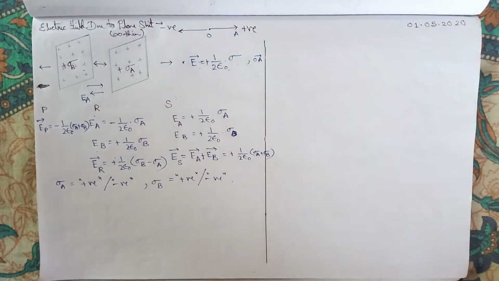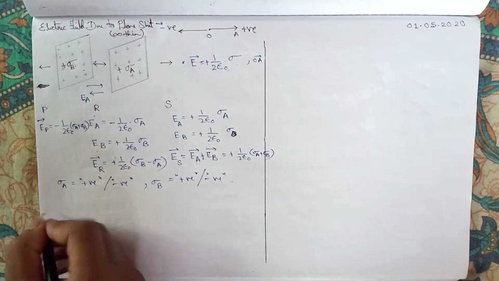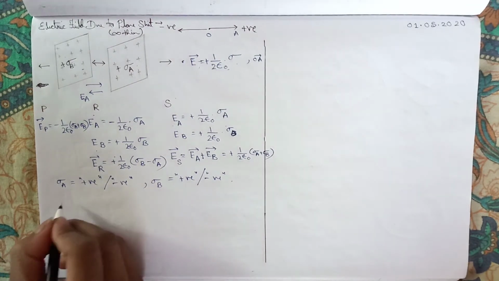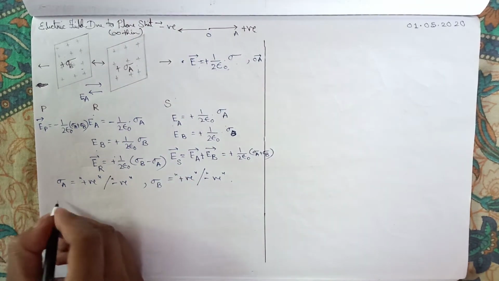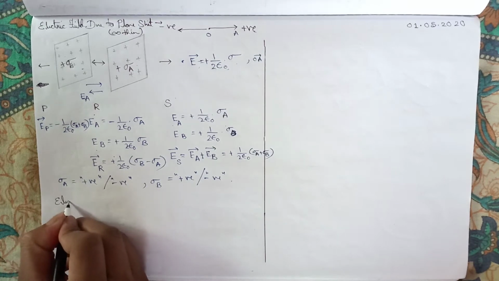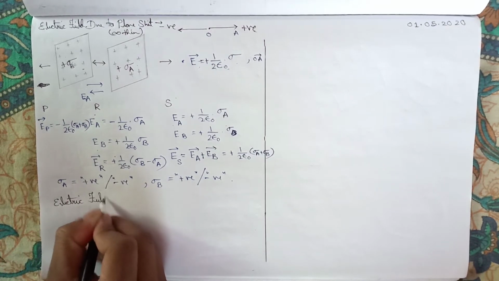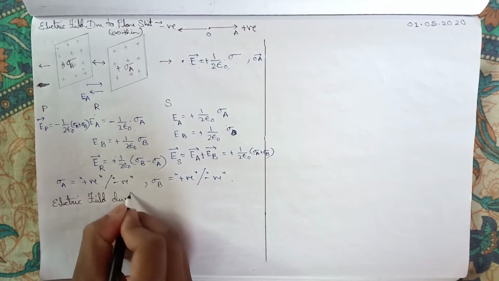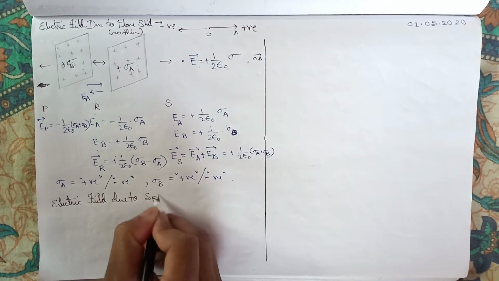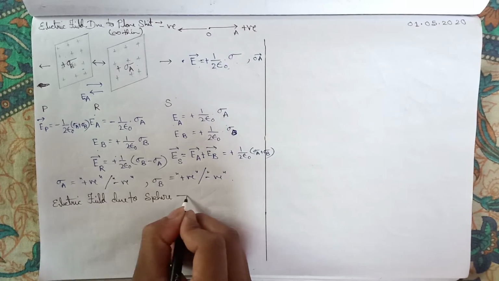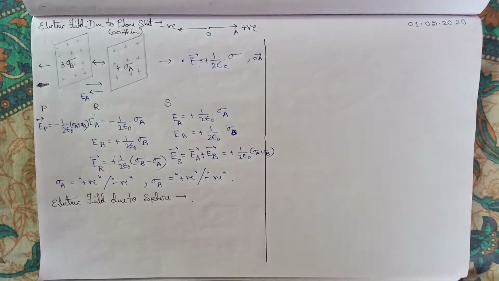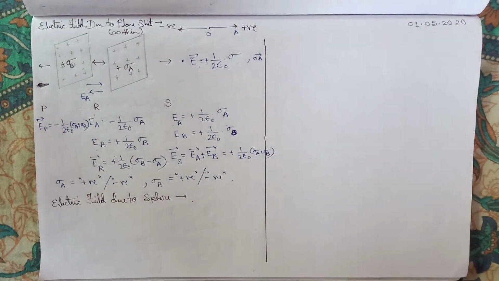Now we will move to another standard shape, which is the sphere. We will find out the electric field due to a sphere, where for the spherical region we will consider the charge to be uniformly distributed over the spherical region.